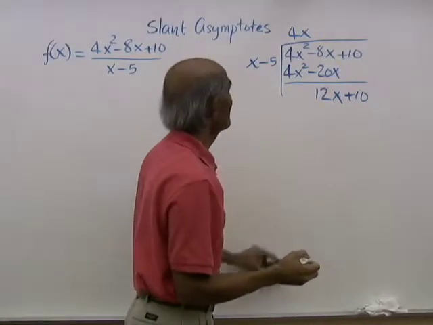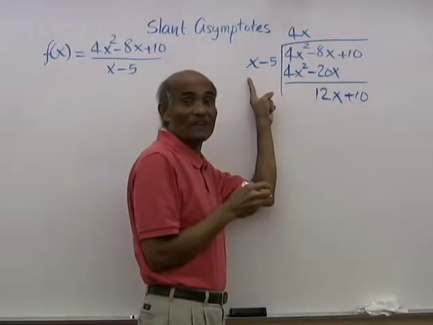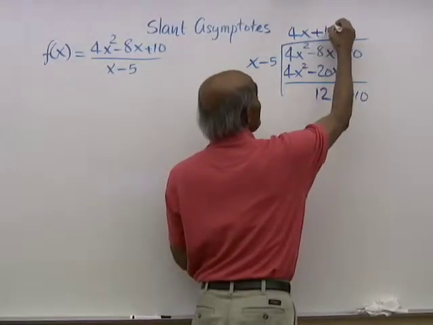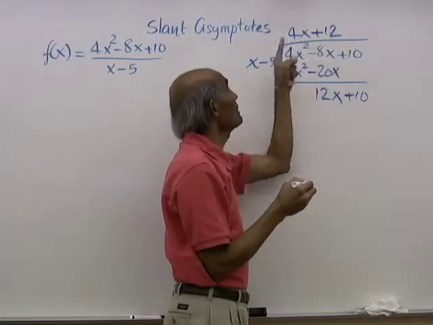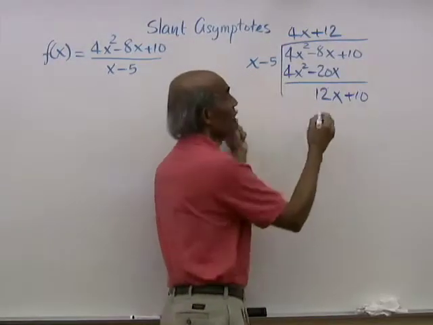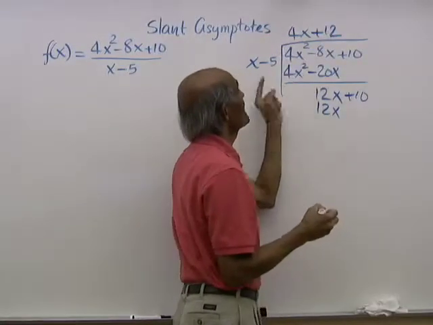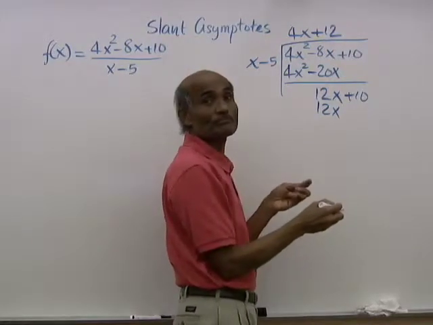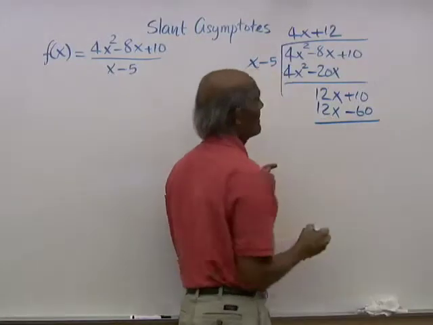What is the next step? Divide 12x by x. That will be plus 12. Write it to the right of 4x. And now multiply 12 by each of these terms. 12 times x is 12x. 12 times negative 5 is negative 60. Alright?